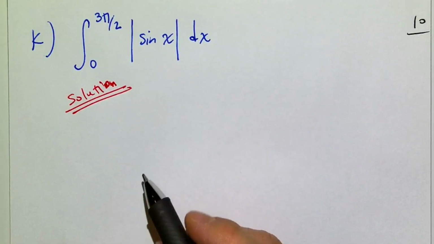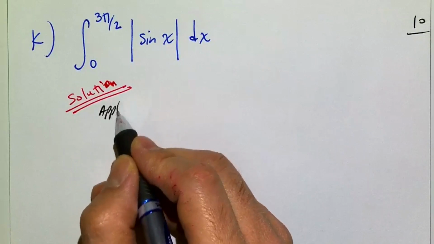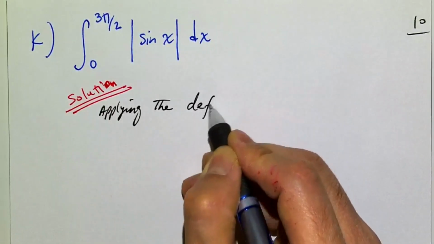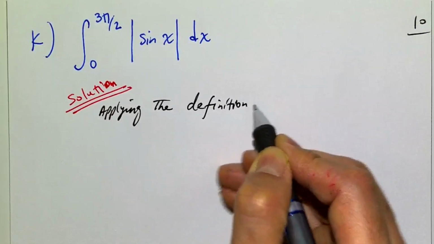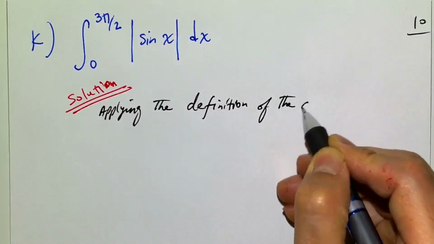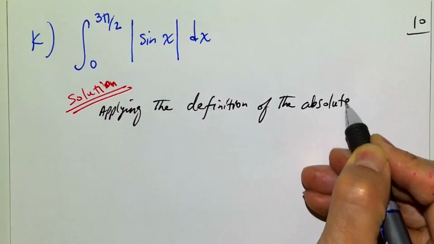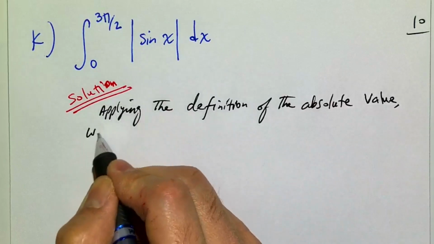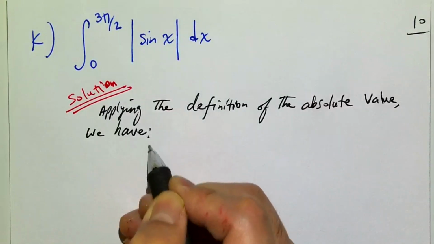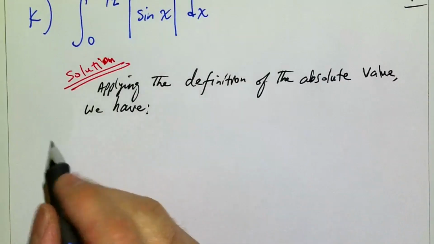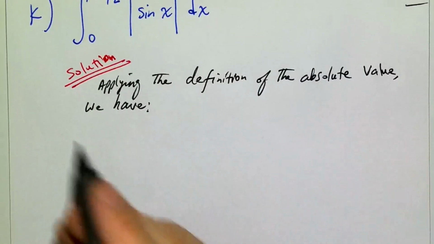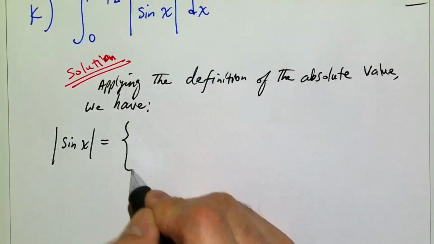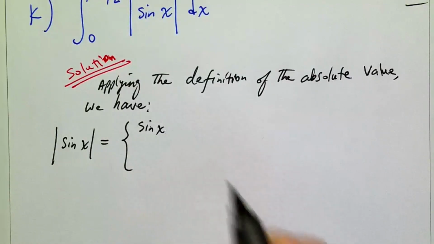So recall, applying the definition of the absolute value, we have absolute value of sine of x equals sine of x.